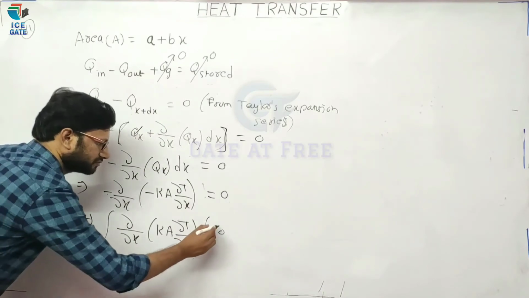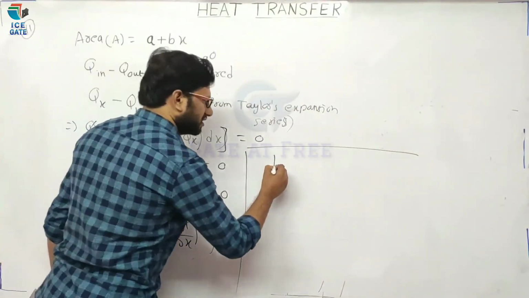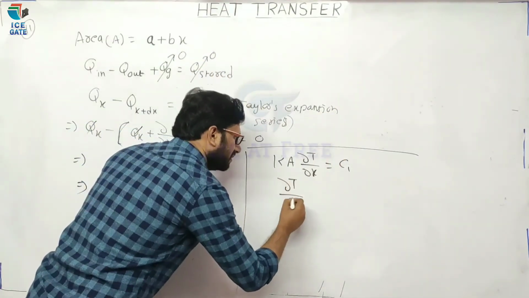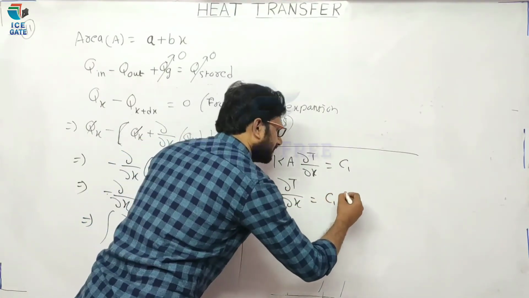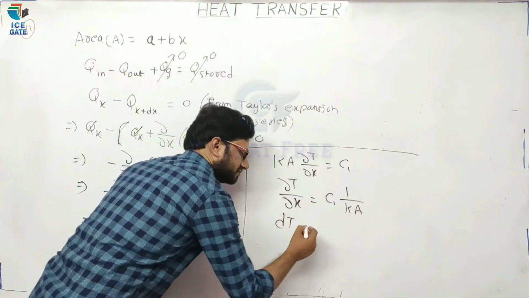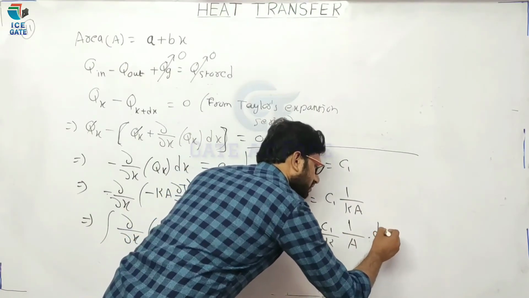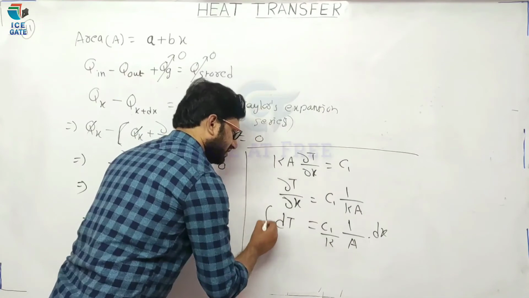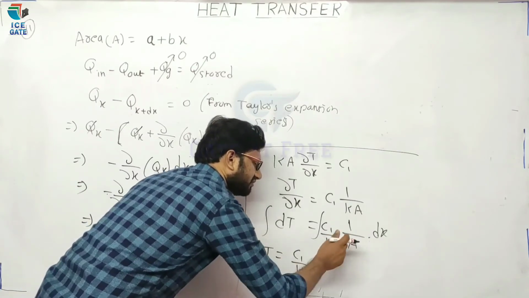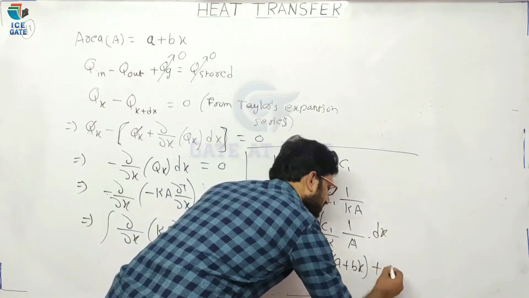Now integrate on both sides. Integration of a derivative of zero gives k A dou T by dou x equal to C1. So dou T by dou x is equal to C1 times 1 divided by k into A. This can be written as dT equal to C1 by k, where A is variable, times 1 divided by A into dx. Now integrate on both sides. T is equal to C1 by k times the integration of 1 by A, which is ln A, in place of A we write A plus Bx, plus C2.